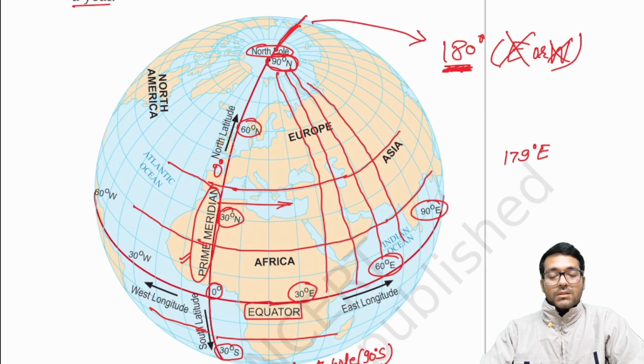Similarly, towards the west, 30° west, 60° west, 90° west, similarly 179° west. After that, you will again get the 180° meridian of longitude. There will be 1° west, 1° east, 2° west, 2° east, and so on.